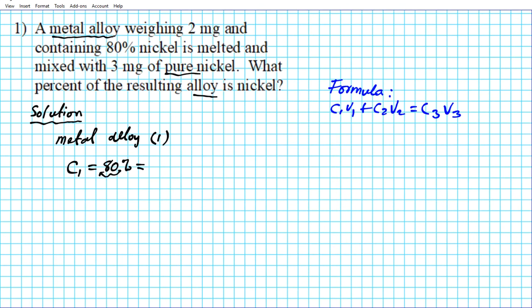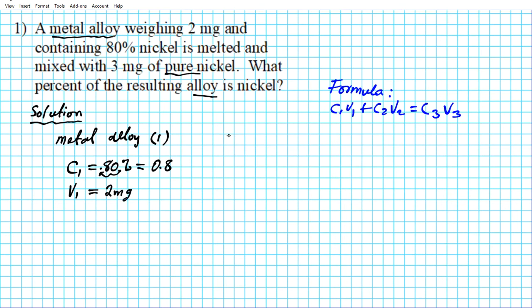So 80% is 0.8. V1 is the volume of the first substance, the metal alloy. It weighs 2 milligrams, so V1 is 2 milligrams.